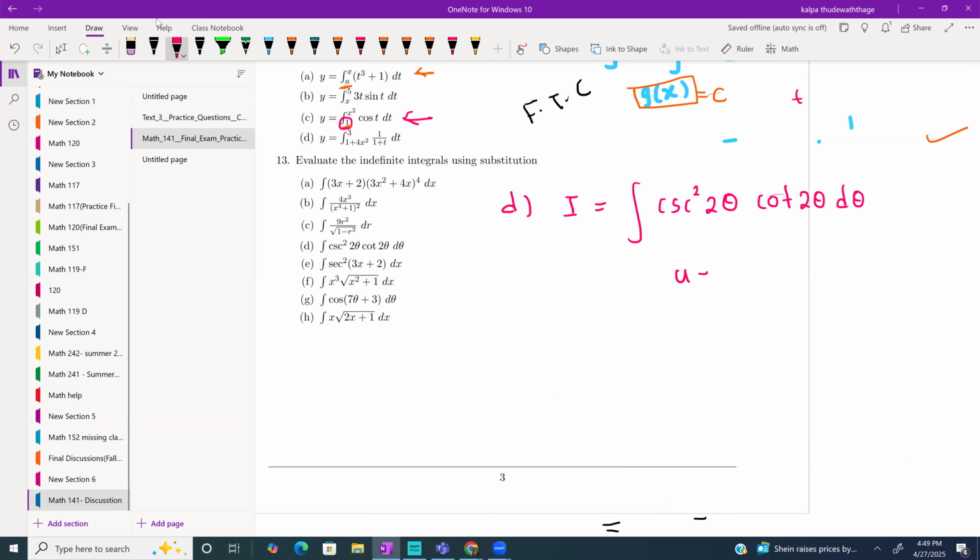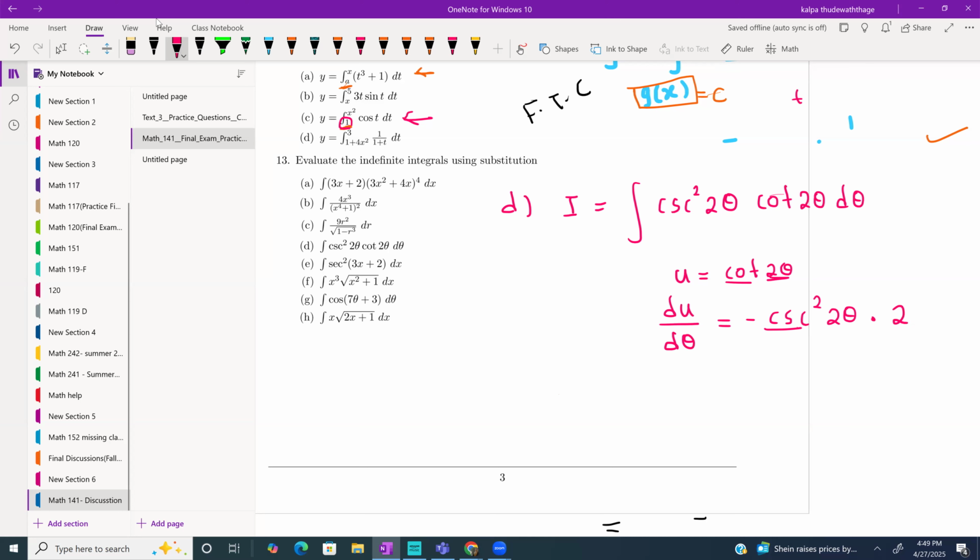I choose my u to be cotangent 2 theta, because if I take the derivative with respect to theta, I get negative cosecant squared 2 theta, because the derivative of cotangent is negative cosecant squared, and you have to differentiate 2 theta. If you differentiate 2 theta with respect to theta, it's just 2.